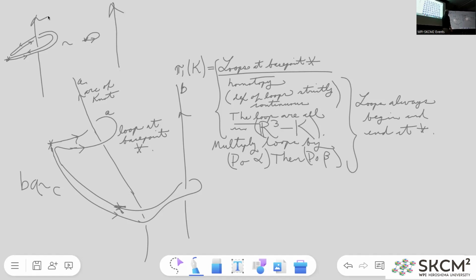The inverse loop is the loop that starts at the base point and runs in the opposite direction and comes back to base point. So to get the inverse of a given loop, you go out and around and come back to base point, and then you go right back along the same loop and come back to where you started, reverse time on the loop. And then in the middle, you can deform it a little bit, and then you start deforming this in the middle, and it becomes more and more small and simple. And of course, the identity is do nothing.